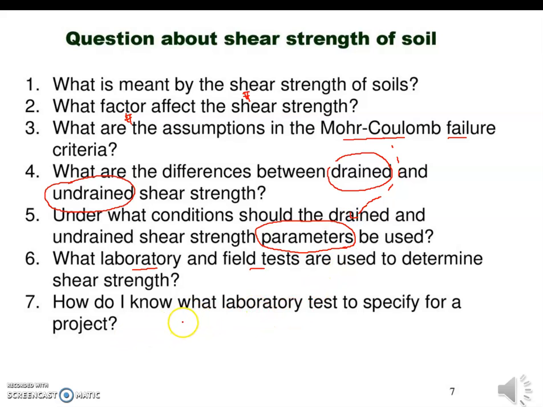And last but not least, I hope throughout this chapter you will understand the big thing, which is the importance of knowing the shear strength. So shear strength, tau at failure.